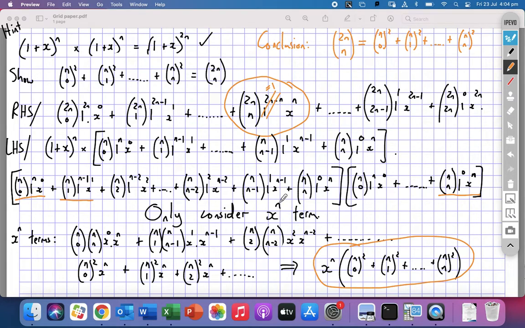Only consider the x to the n term from each expansion, and you'll find that you've shown what you were meant to show. If you're looking at the coefficients that go with the x to the n term, from the left-hand side you get this series of squares, and on the right-hand side you would have to get 2n choose n.